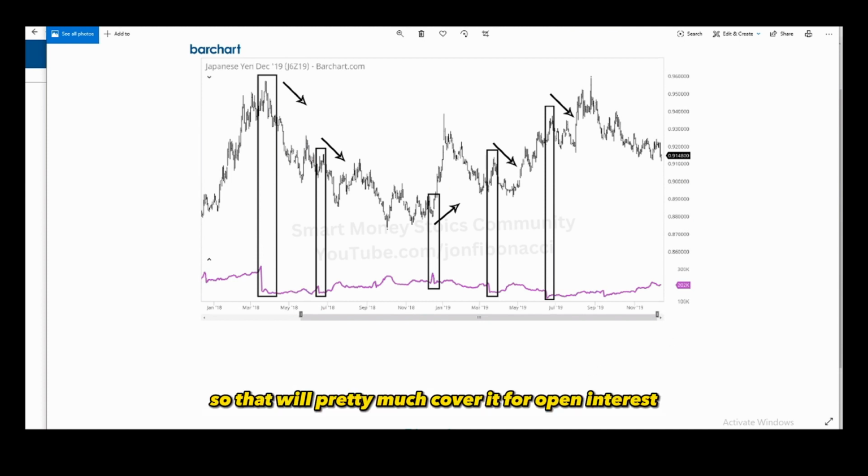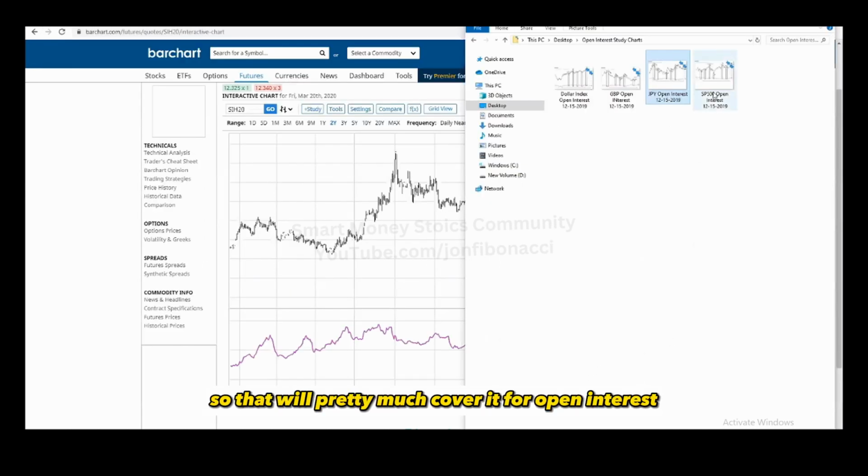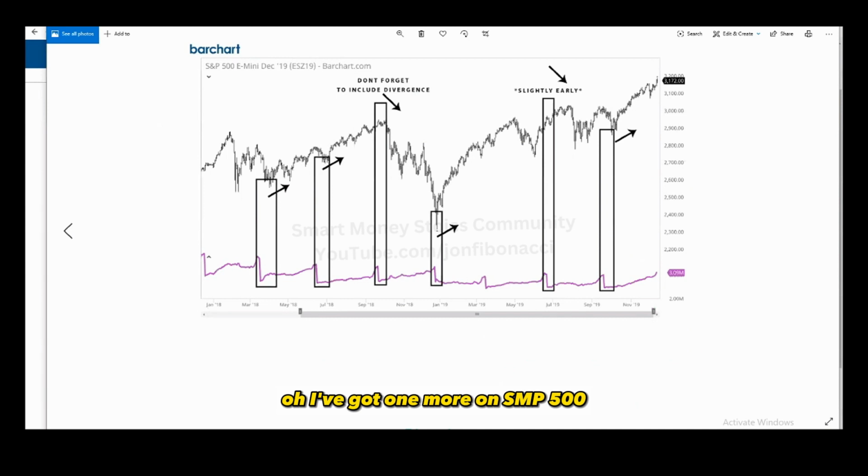So that will pretty much cover it for open interest. Oh, I've got one more on S&P 500. And I've even got some notes. Don't forget to include divergence because that would be able to help you as well. So there you have it.